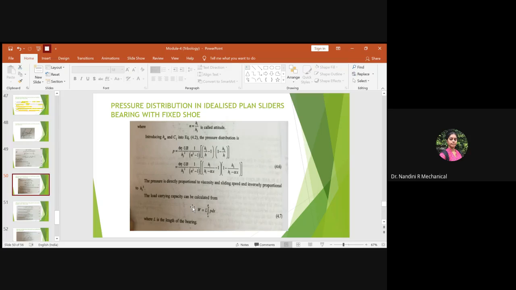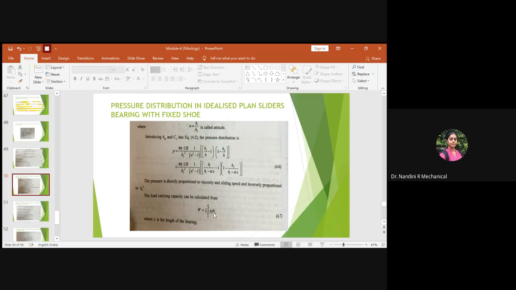It was a little bit simple and not much complicated. But now here also, we have to think about what is the load carrying capacity, how we calculate. So in general, the load carrying capacity mainly depends on what parameters: what is the length of the top surface, what is the pressure distribution across the contact area.